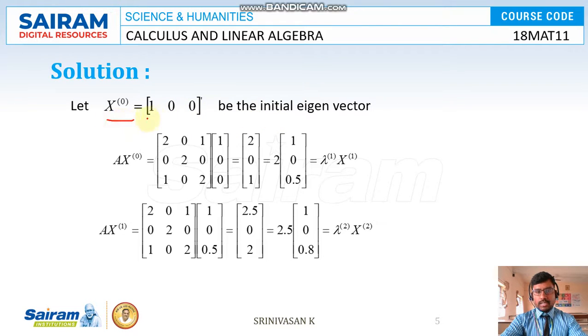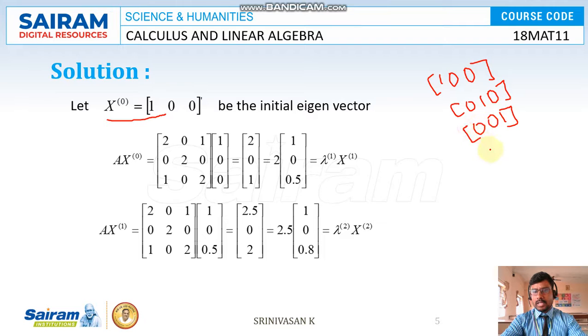It's not only one eigenvector; there are four initial eigenvectors, so we have to choose any one. For example, (1 0 0) is one, (0 1 0) is also one initial eigenvector, (0 0 1) is also an initial eigenvector, and (1 1 1).